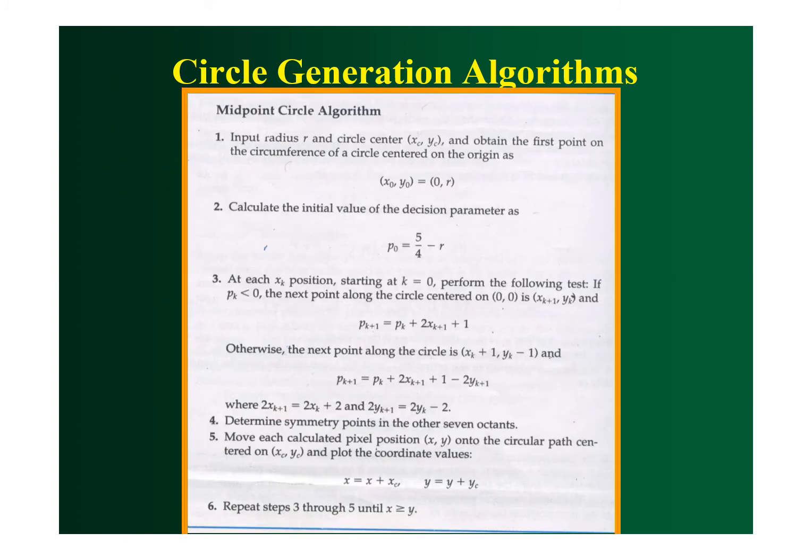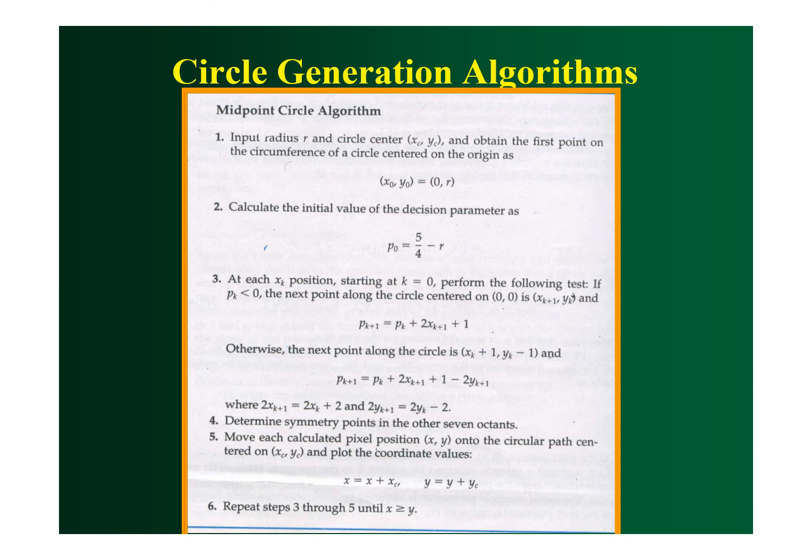So this is the generalized midpoint circle algorithm. First and foremost, we get the input radius r and the circle center (xc, yc), and obtain the first point on the circumference of a circle centered on the origin as (0, r), that is (x0, y0). Then as the decision parameter we initially compute 5 by 4 minus r, applying the radius, thereby we get p0.